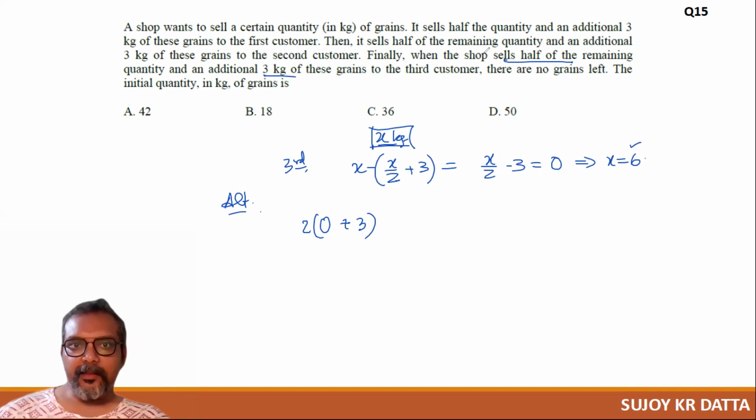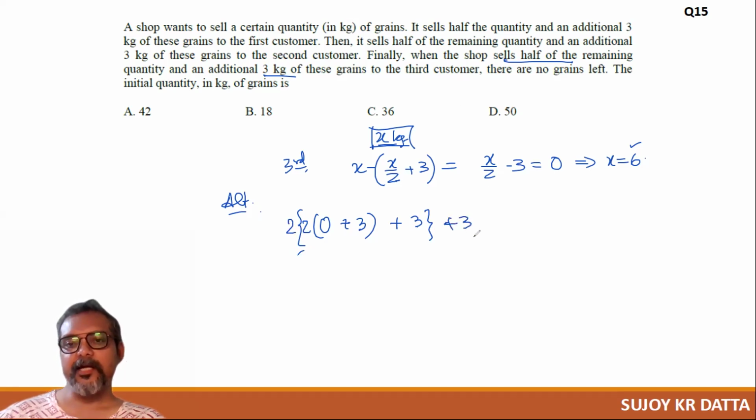Now, why are you left with 6? Because you gave away 3. So had you not given the 3, you would have this much. And you are now left with this much because you gave away half. So you're left with this as the other half. So you initially had twice of this. And for the last customer, you again gave away 3. Had you not given that, you would have got this, and you would have done 2 times that, and this would have been your starting value.